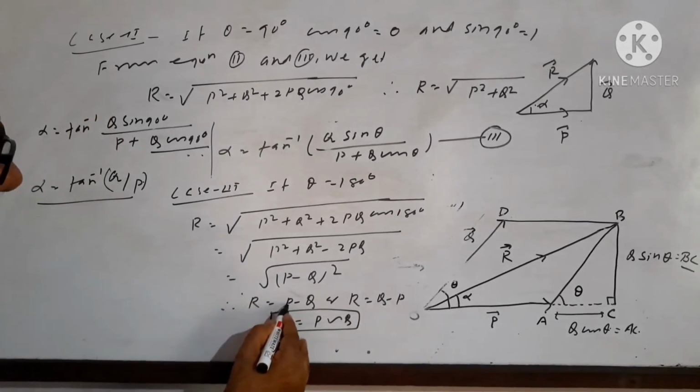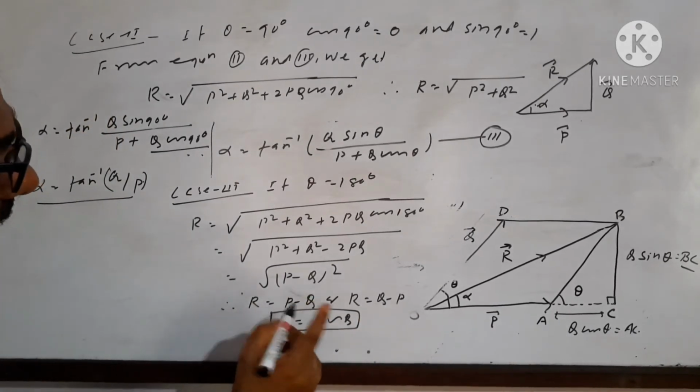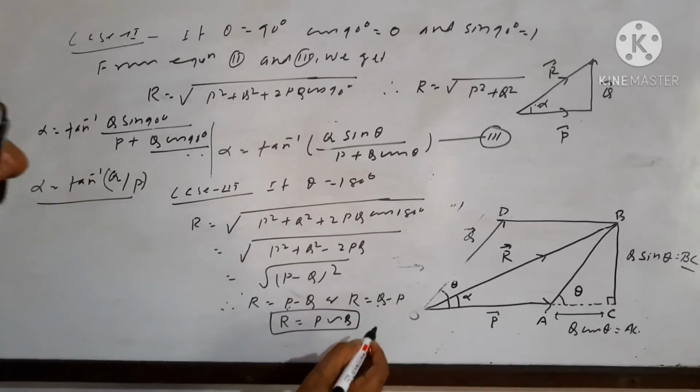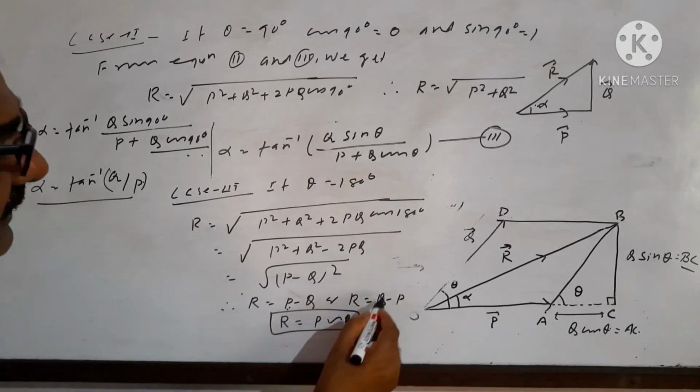If the magnitude of P is greater, the resultant is along this direction. If Q is greater, then the resultant is represented like that.